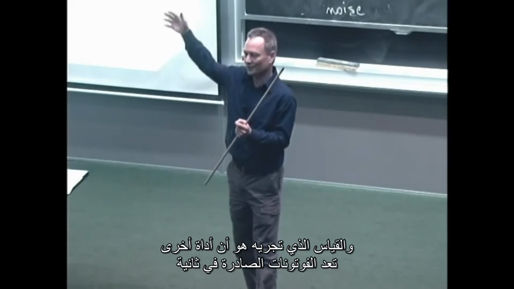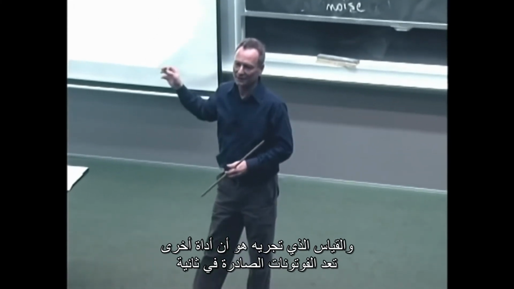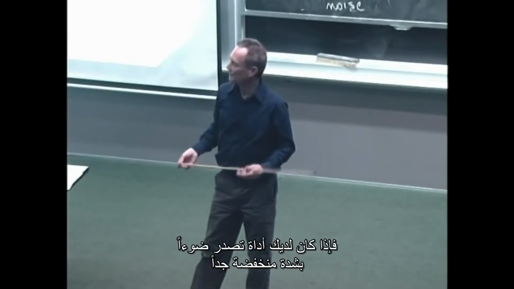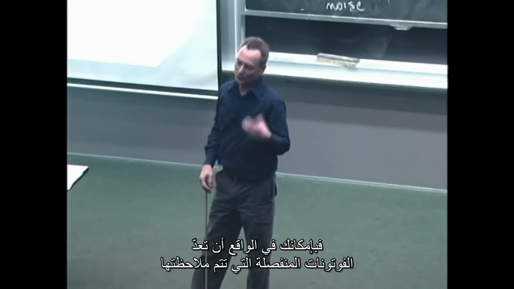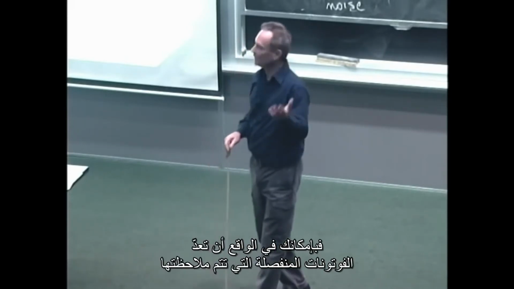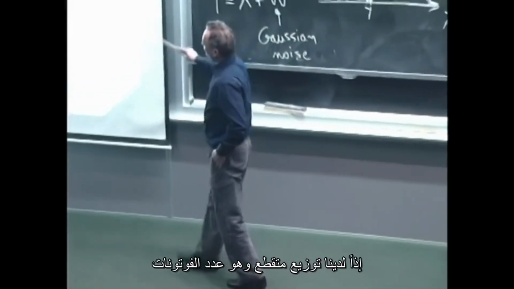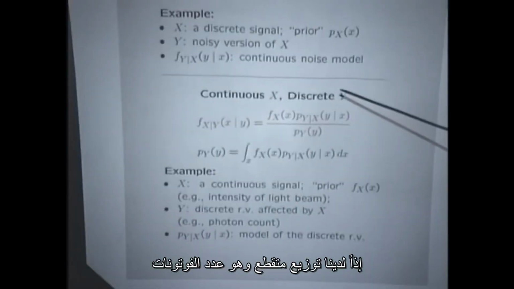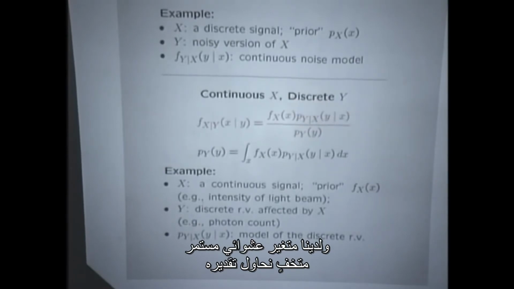And your measurement is some other device that counts how many photons you got in a single second. So if you have devices that emit at very low intensity, you can actually start counting individual photons that are being observed. So we have a discrete measurement, which is the number of photons, and we have a continuous hidden random variable that we're trying to estimate.